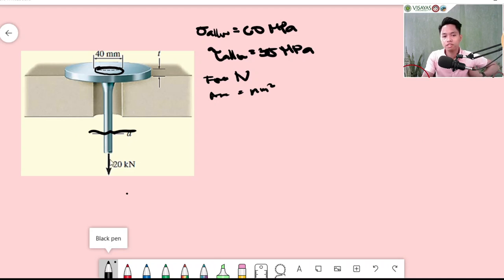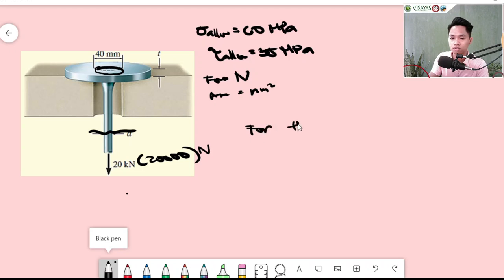So therefore, if this is 20 kilonewton, kabalo ka nga the forces acting diri nga system is only 20 kilonewton or 20,000 Newton, right? 20,000 Newton. So first, let's design for the rod, right?